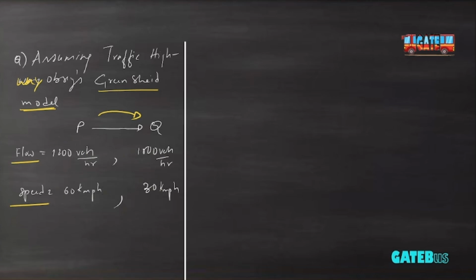So to solve this question, as our traffic is obeying Greenshields, it is linear. So it follows a linear equation also. So Q will be K into V, right? Q is flow, K is density of traffic, and V is speed of the traffic.